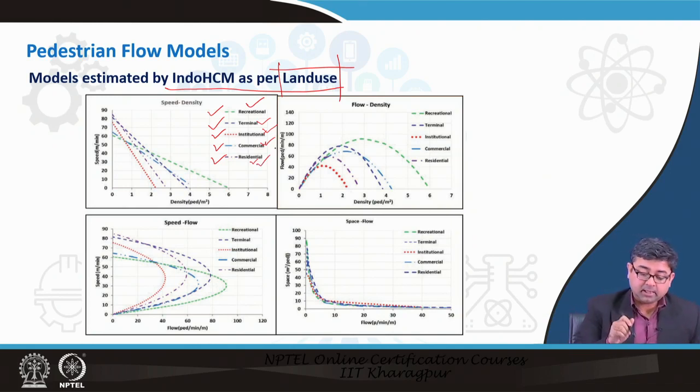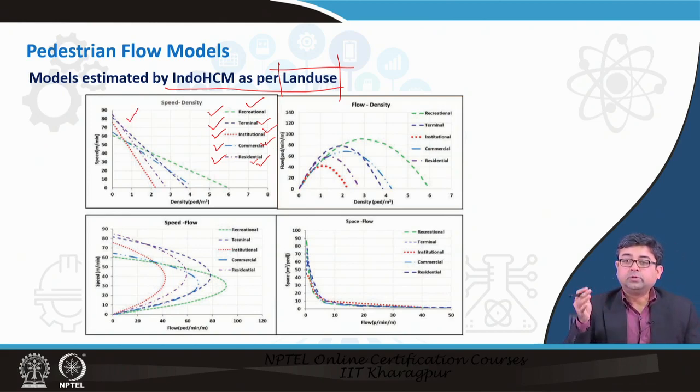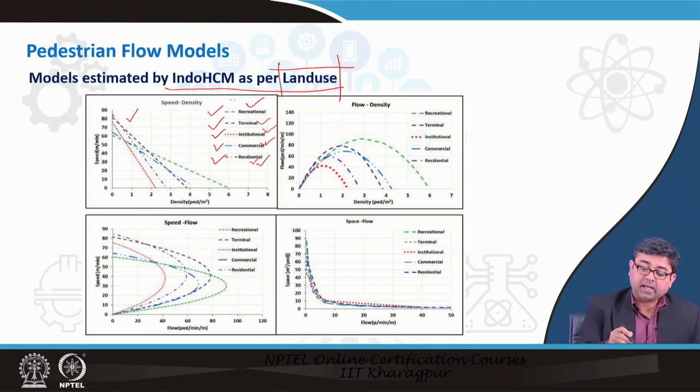It has been seen that people behave differently. We showed you earlier also, if you are a student versus a shopper versus a commuter, your behavior is different. Furthermore, it has been found that if the sidewalk is along different types of land uses, people behave differently. You see that the green one is the recreational model.